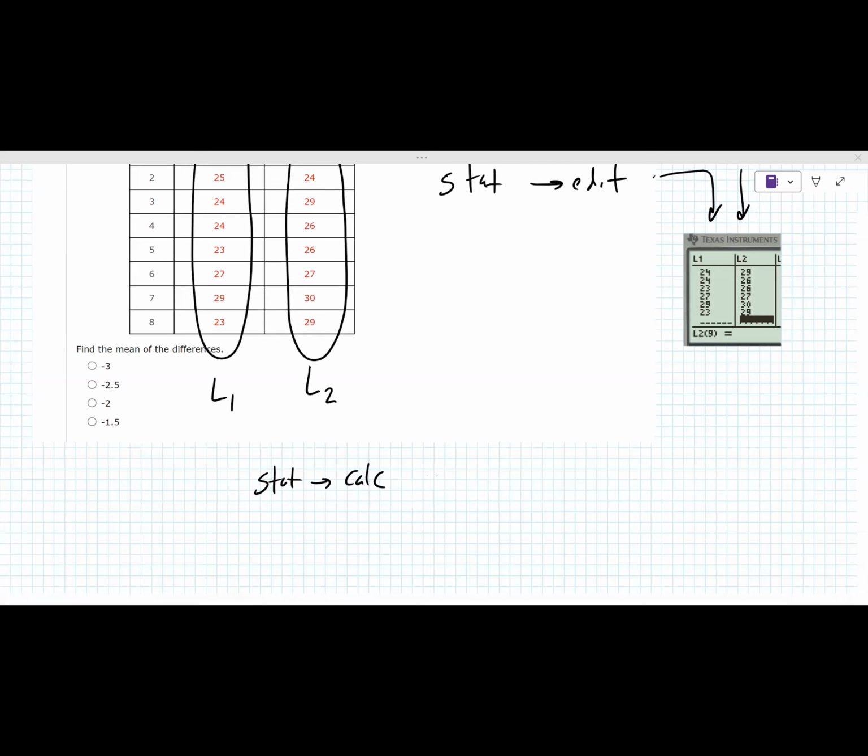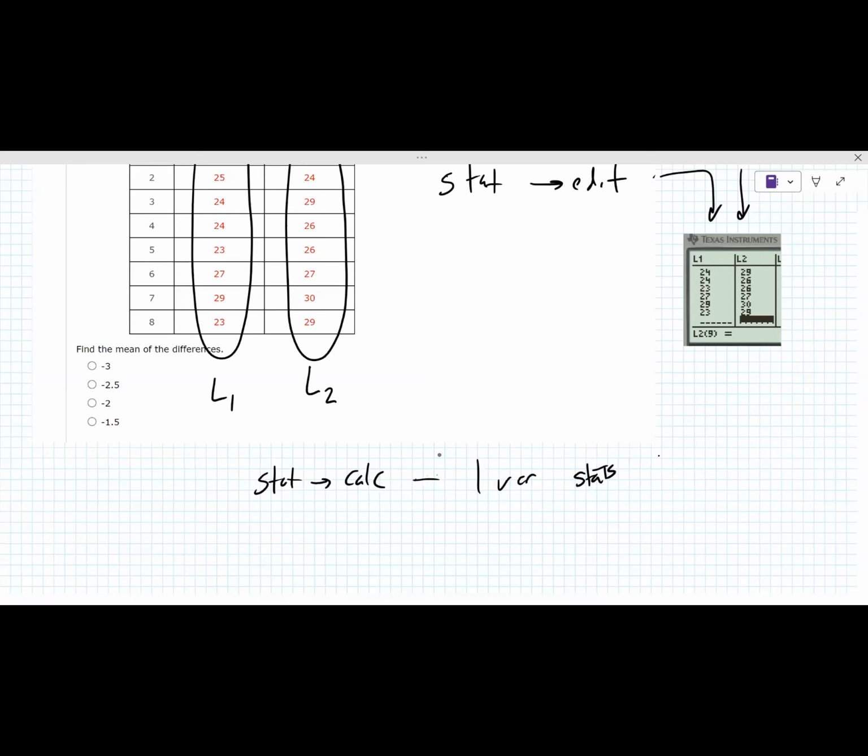So I hit second quit and now I go to stat, edit. And I'm back to the same. No, stat calc. There's a middle screen. Oh, calc, okay. And then I go to one variable stats, okay.